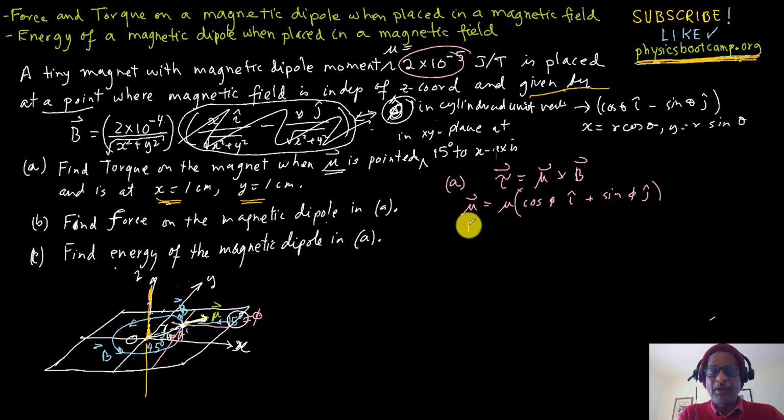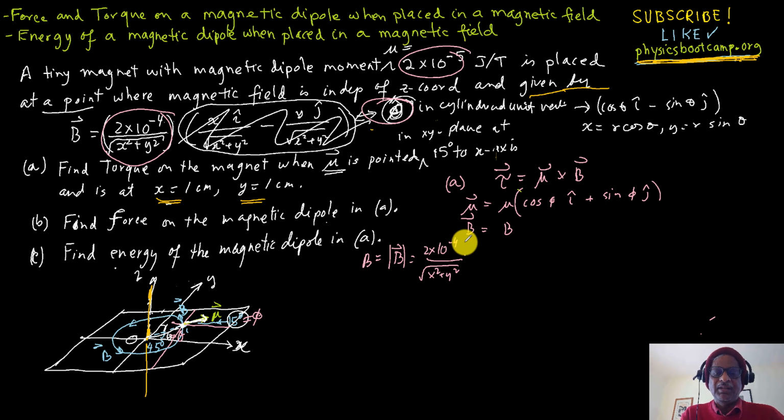Of course, mu has this magnitude value. What's B? The magnitude of B is 2 times 10 to the minus 4 over square root of x squared plus y squared.